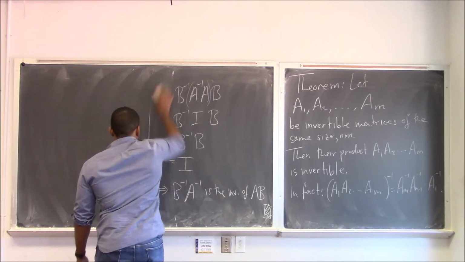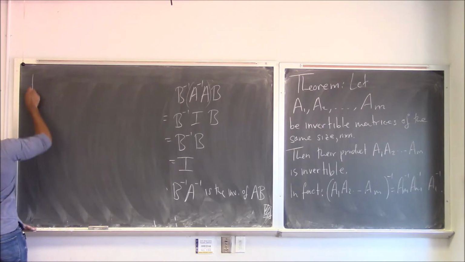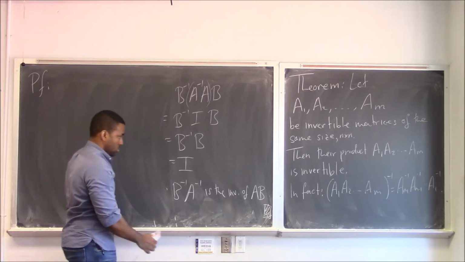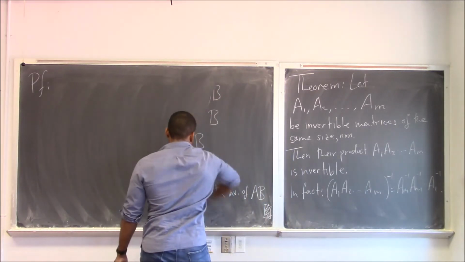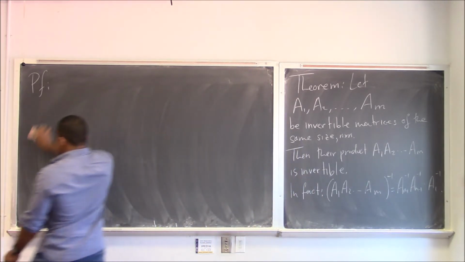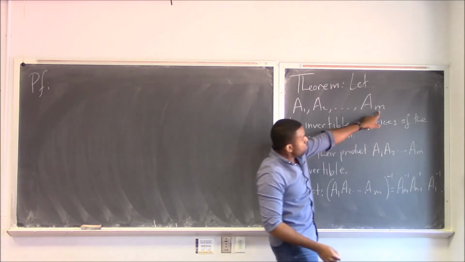Ideas on how to prove this? Induction. So here's where induction is going to come in. Induction is nice when you have a statement that evolves with the number of things you have. m is arbitrary here.